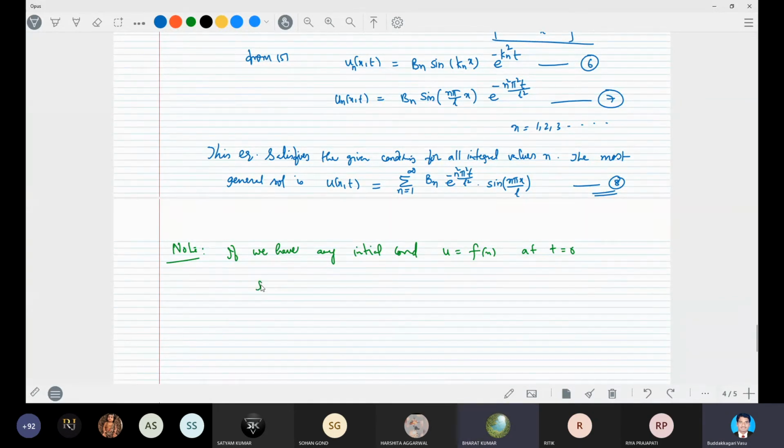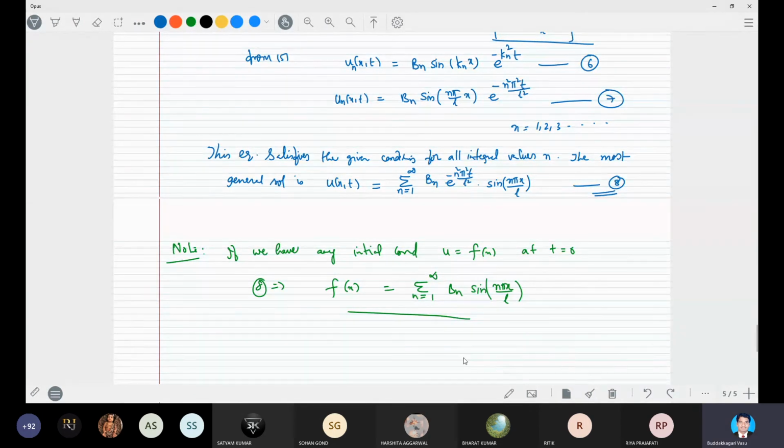Now equation 8 becomes u(x, 0), that means the initial value we have given, f(x) = the sum from n = 1 to infinity of b_n sin(nπx/L). You see how this is looking?